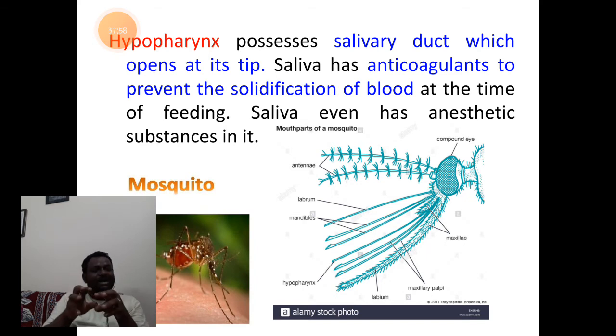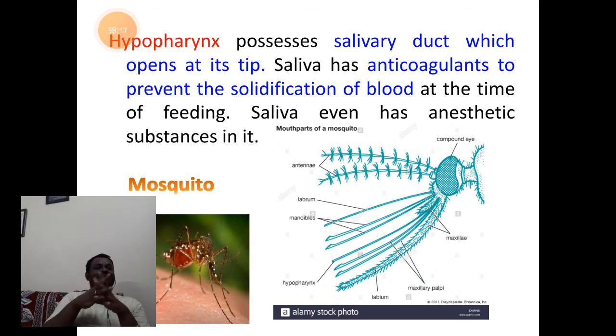So blood needs to remain in its liquid condition so that the absorption and sucking process can be done continuously. In order to keep it in liquid form, the anticoagulants are poured into the body of the host animal.